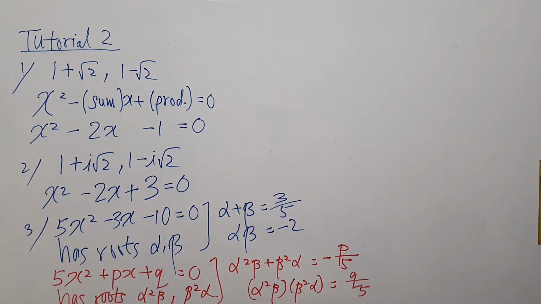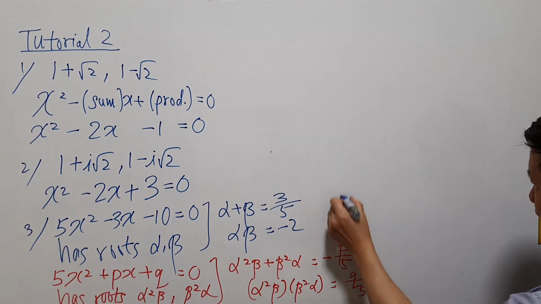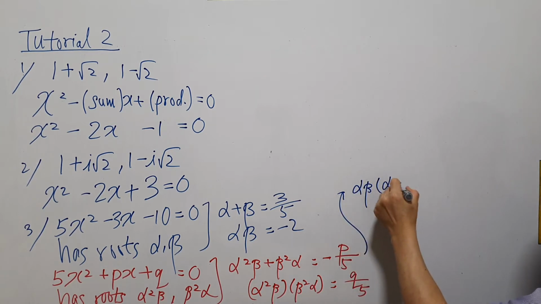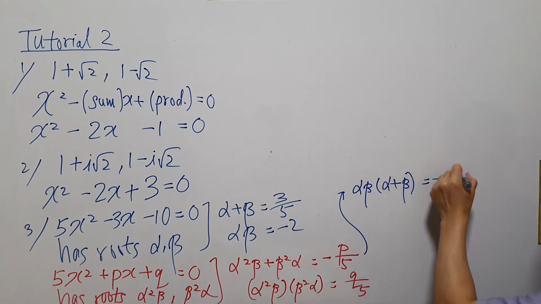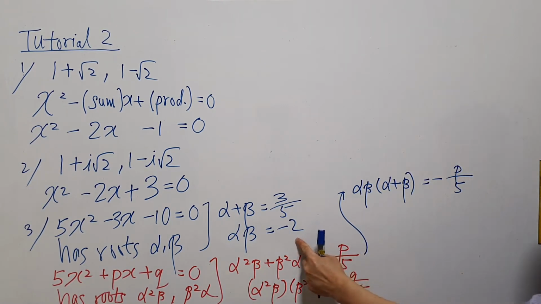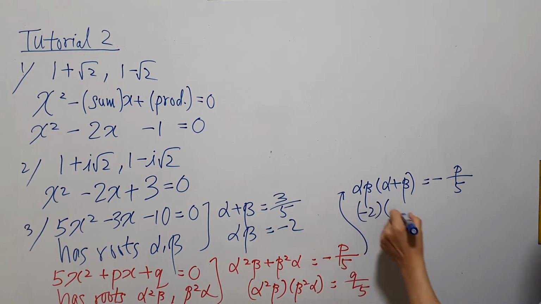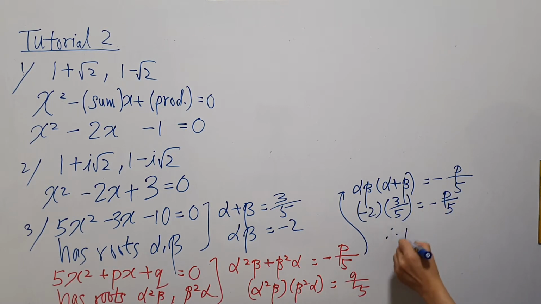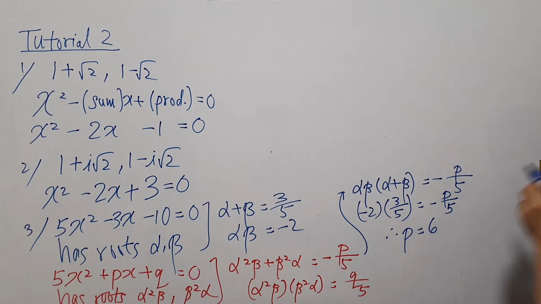Based on these, we want to find the values of p and q. I factorize now: alpha beta times alpha plus beta is equal to minus p over 5. So this is minus 2 and this is 3 over 5. Therefore my p is equal to 6.